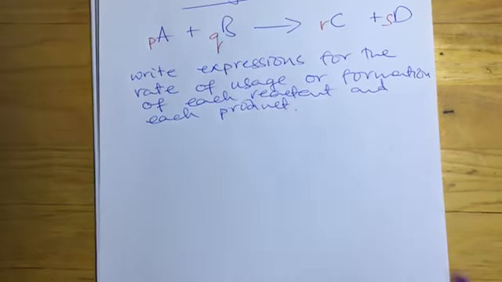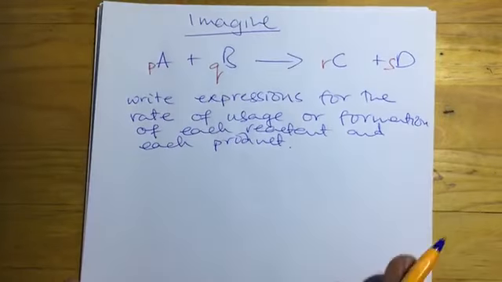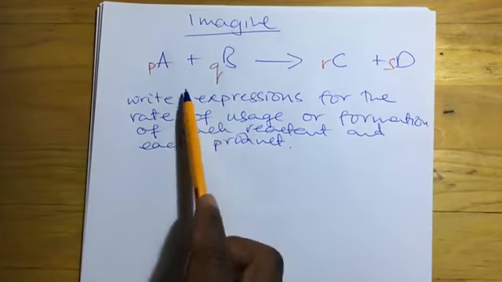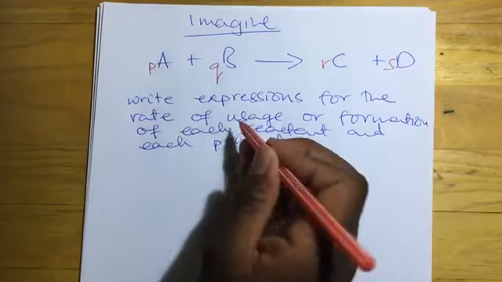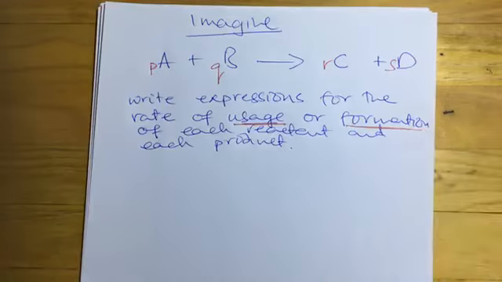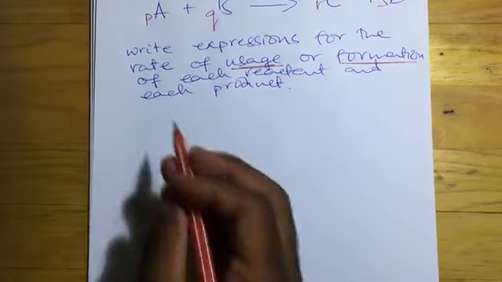So you've been given a general chemical equation and they want you to write an expression for the rate of usage and rate of formation. Now there are some key things here.